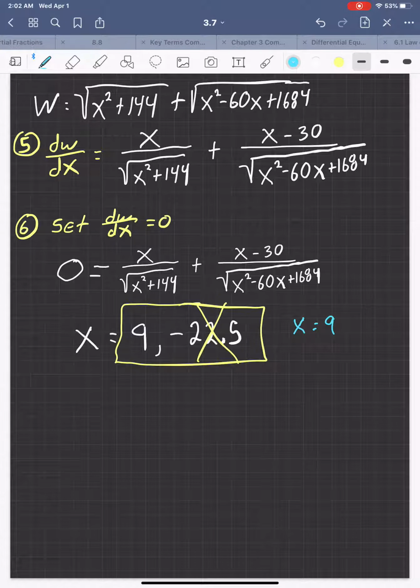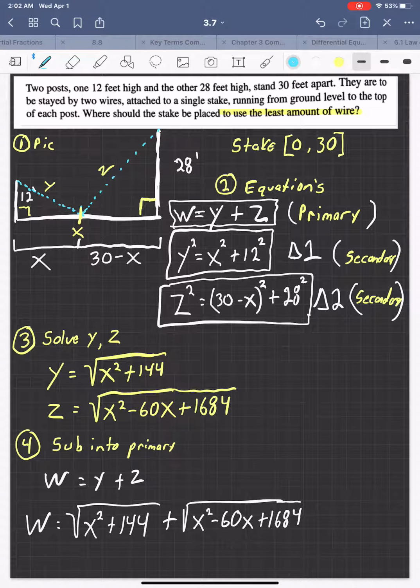And now let me go back to the picture, okay? So right now, what we have determined, or what we are about to determine, is where to put the stake in the ground. So what are the potential places? Well, we can remember that minimums and maximums can exist at the critical numbers, which is the 9, but it can also exist at the boundary points, which would be the 0 and the 30, right?